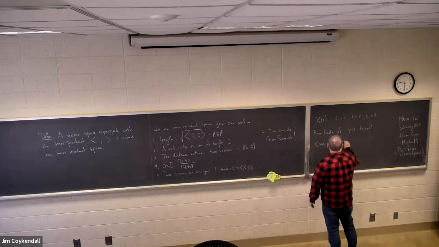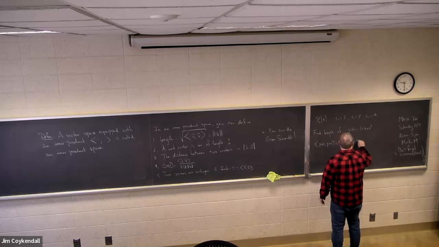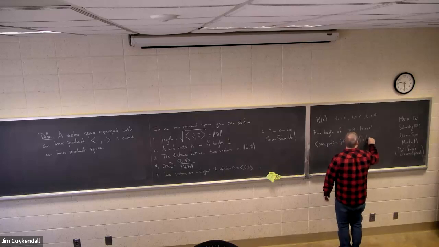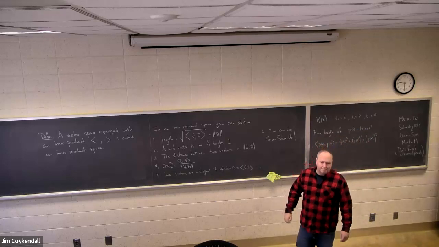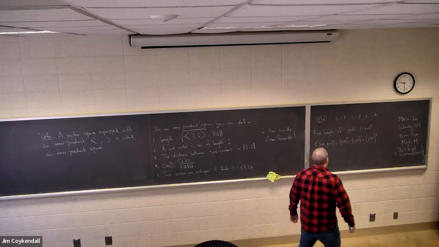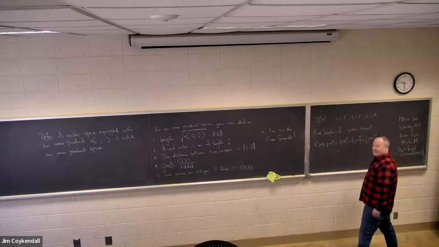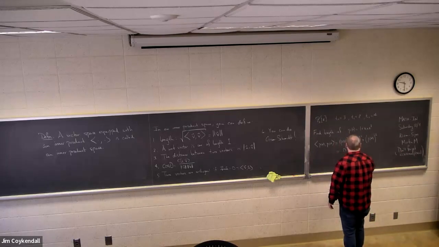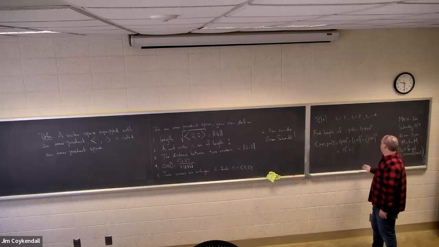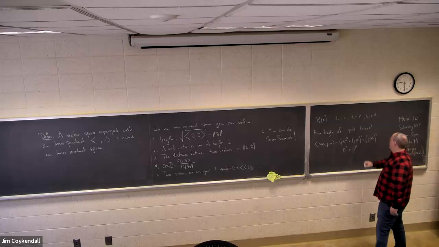This should be P of 3 squared plus P of 2 squared plus P of 4 squared. So let's see. What's P of 3? It looks like 9, 12, 13. P of 2 is 4, 6, 7. And P of 4 is 21.